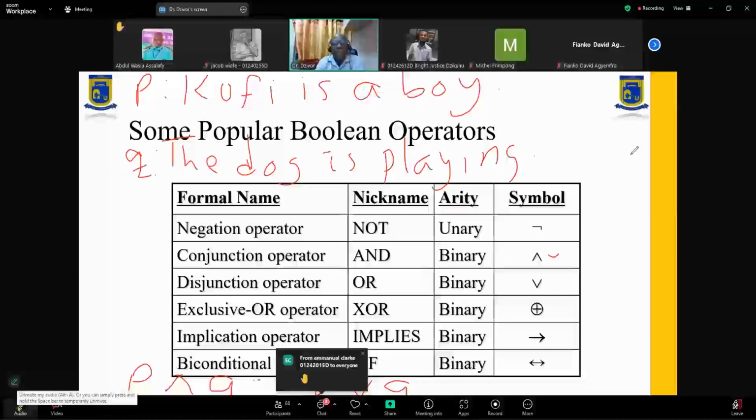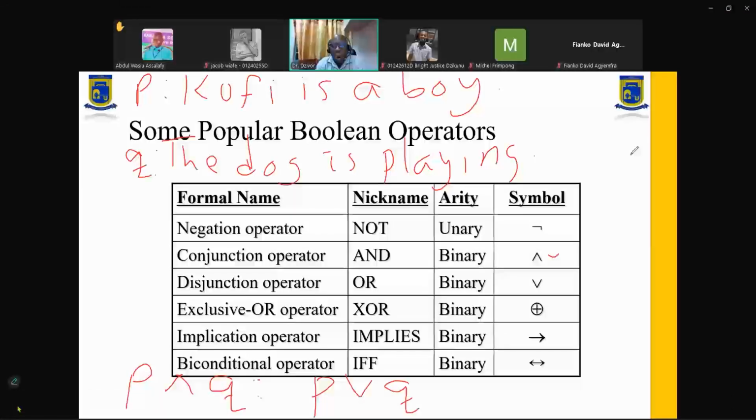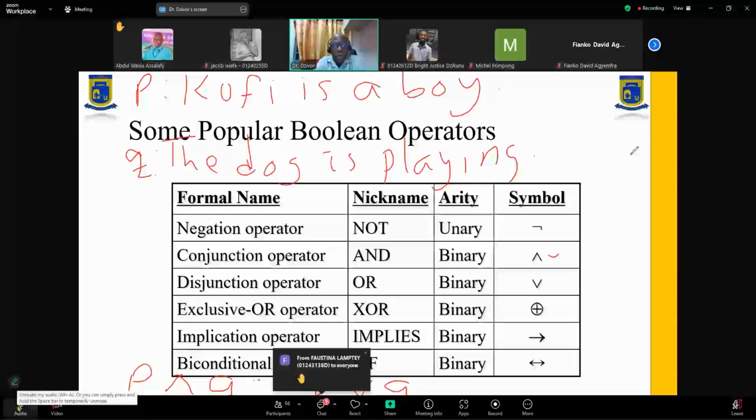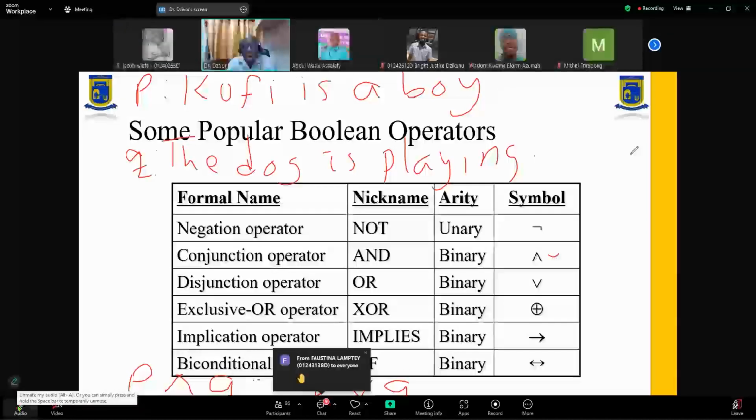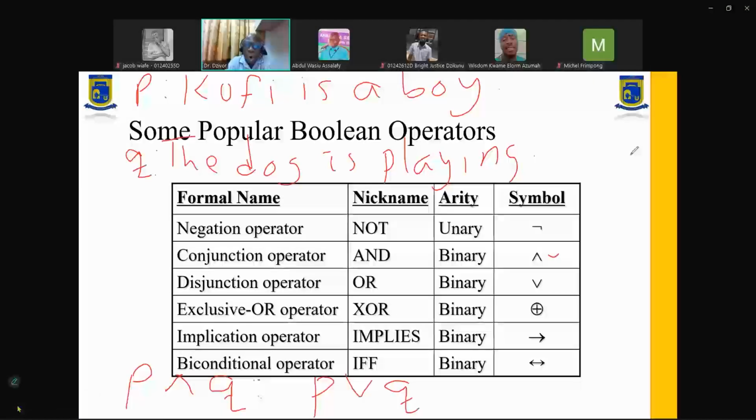Abdul, please give me the response. Kofi is a boy or the dog is playing. So this is an OR operator. Then we have another very important operator: XOR, the exclusive OR operator. XOR simply means P or Q, but not both.